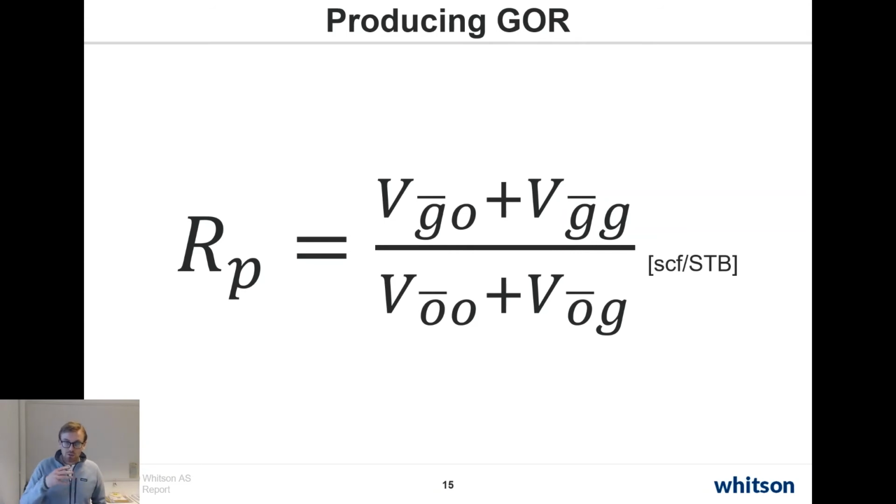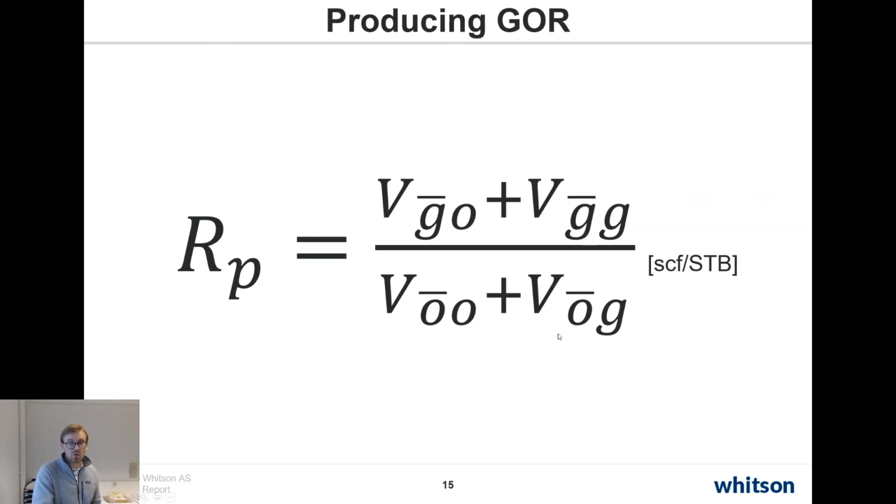And these definitions with all these subscripts become very handy when we also look at this equation, because it accounts for both the phases, or both the gas volumes that we measure at surface that originate from the oil and the gas phase respectively.